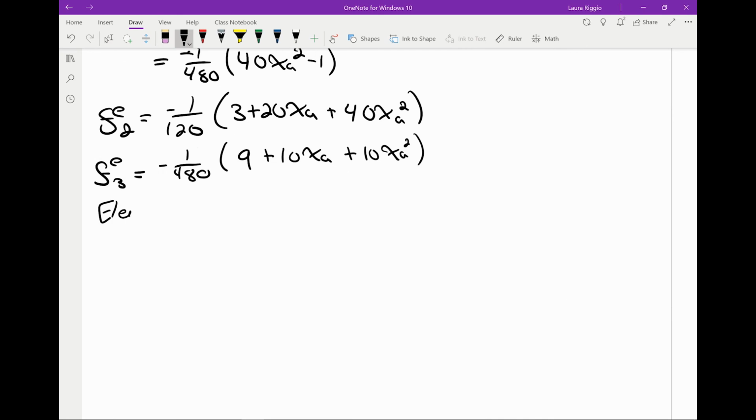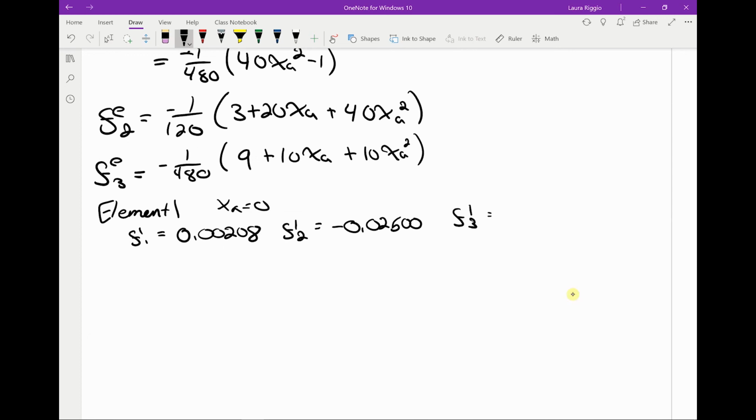So for element 1, xa equals 0, so F11 is 0.00208, F12 equals minus 0.02500, F13 equals minus 0.01875.